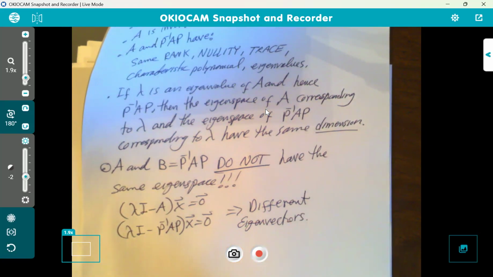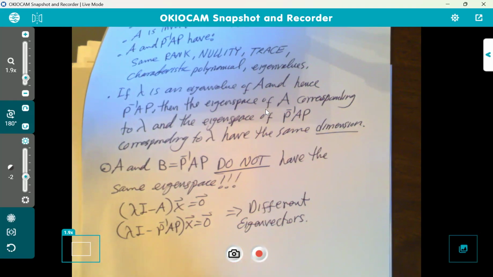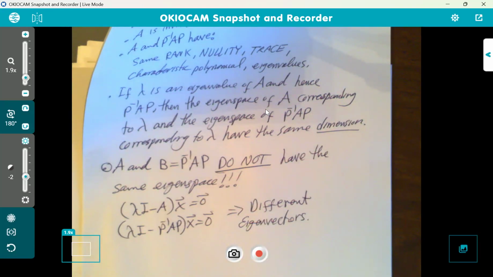Okay, they have different eigenvectors. Now, I'll do an example of this, and you will see for yourself how this actually plays out.